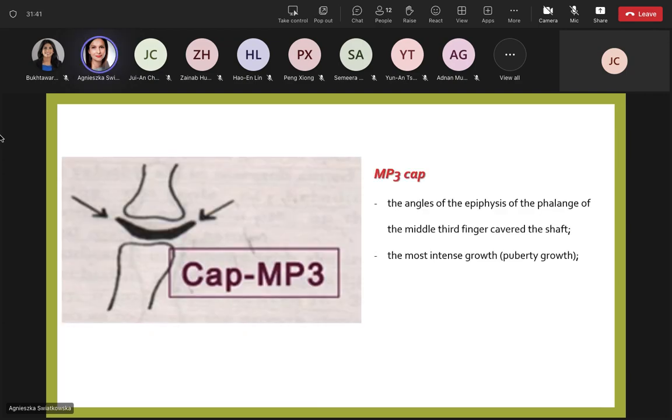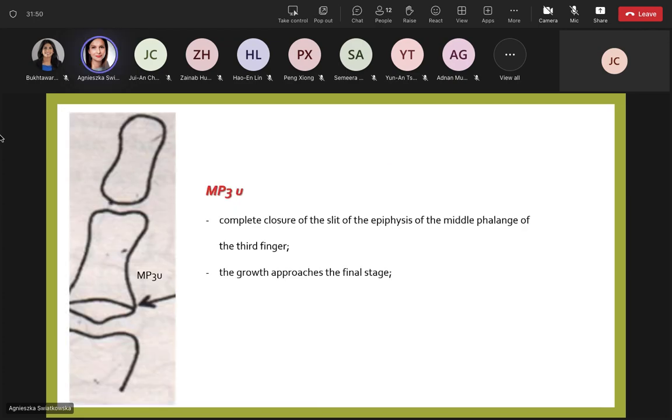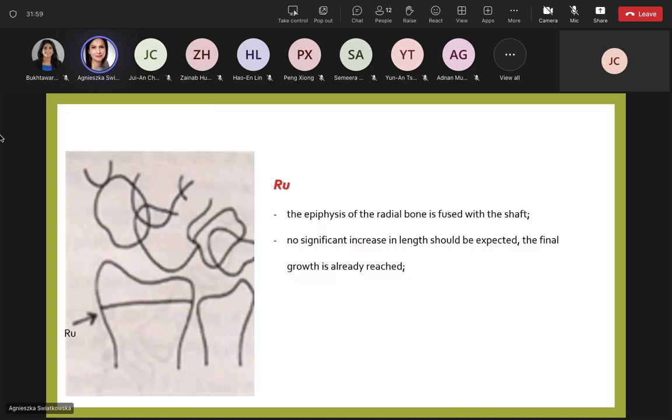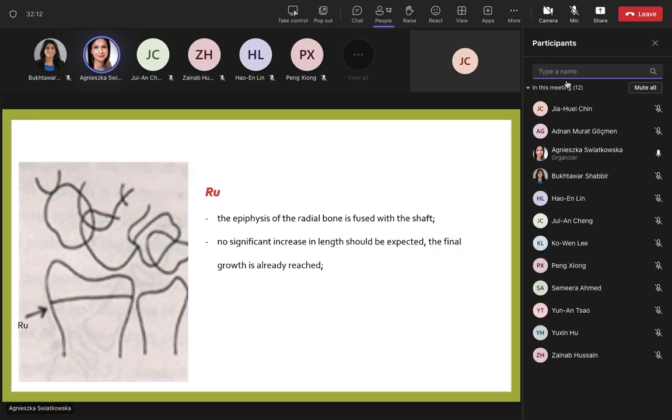In this stage, for example, MP3 cap, we have the most intensive growth, and at MP3U, we have almost the final stage of this growth, and at RU, at this time we can be sure that growth has already been reached and we don't expect a significant increase in the length of the whole body.